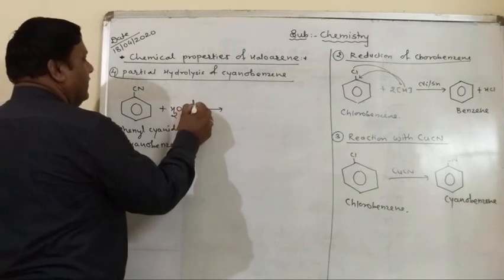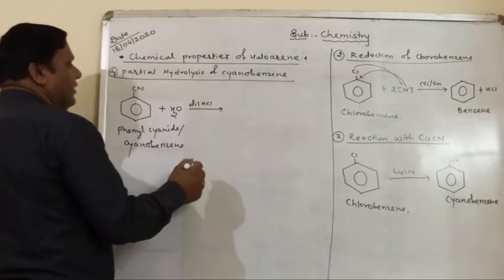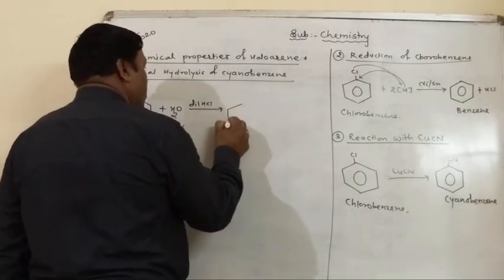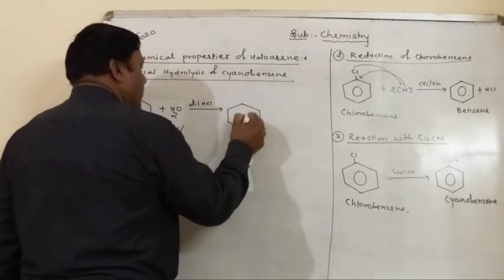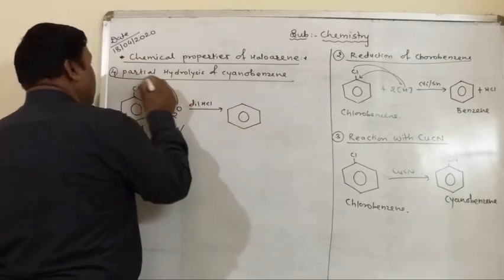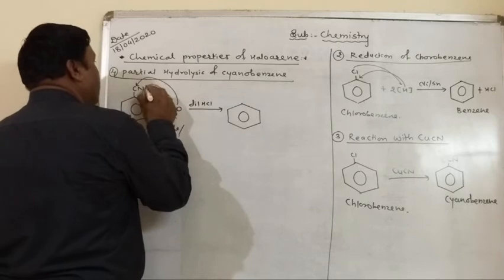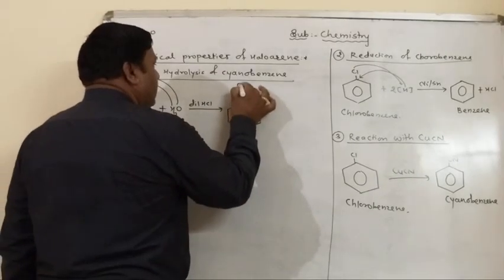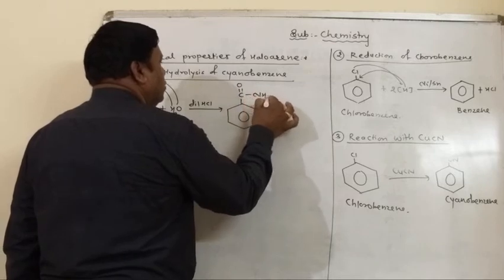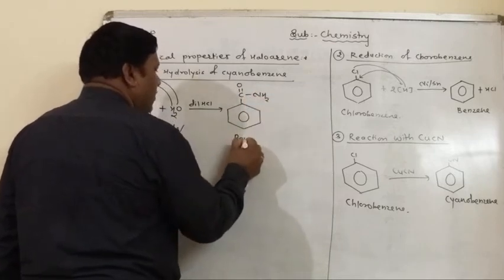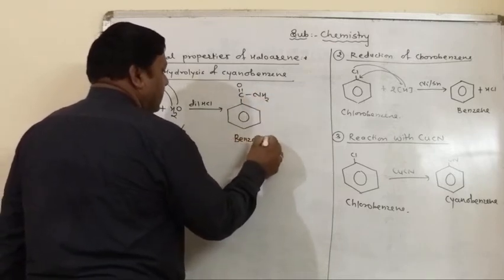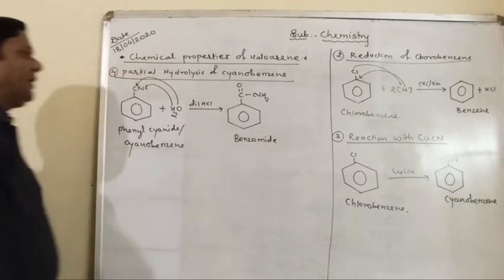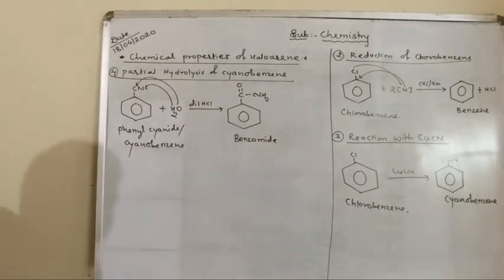In the presence of dilute HCl, you will get which substance? The oxygen attacks carbon and hydrogen attacks nitrogen, so you will get CONH2, named benzamide. It's a partial hydrolysis.